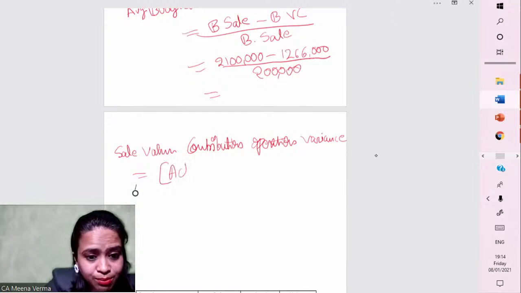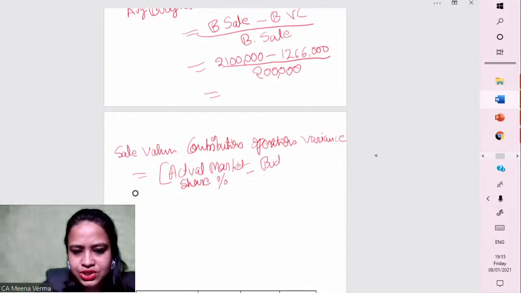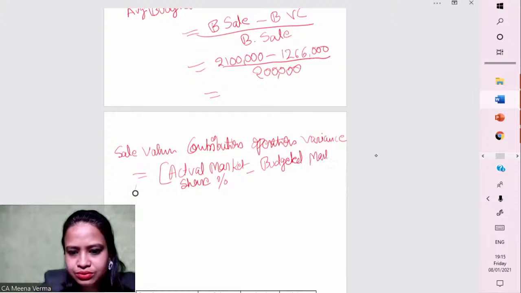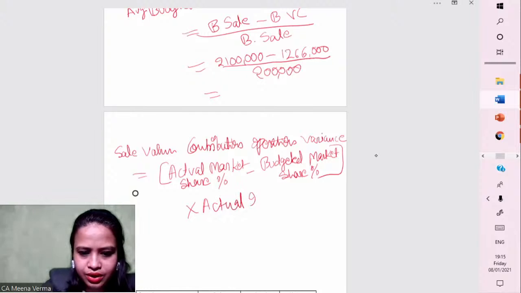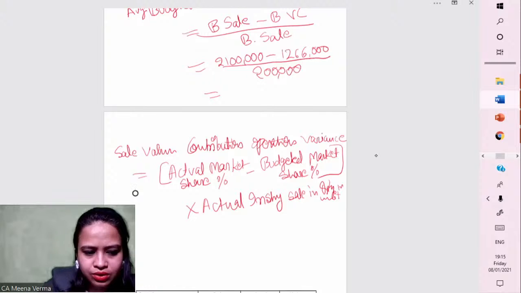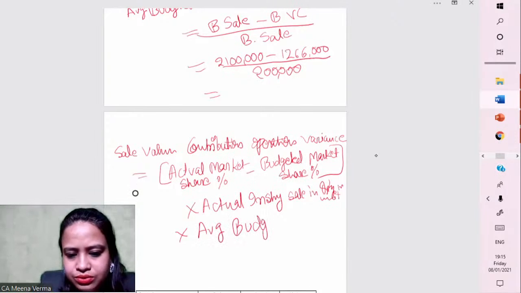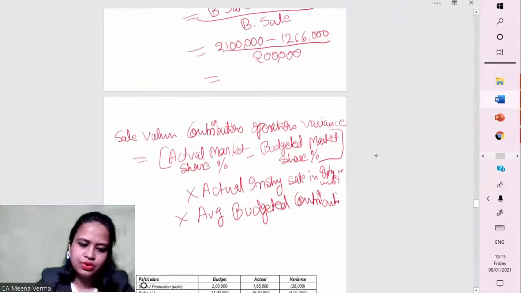We have to consider the actual market share in percentage, minus budgeted market share in percentage, into actual industry sale in quantity in unit, into average contribution per unit.